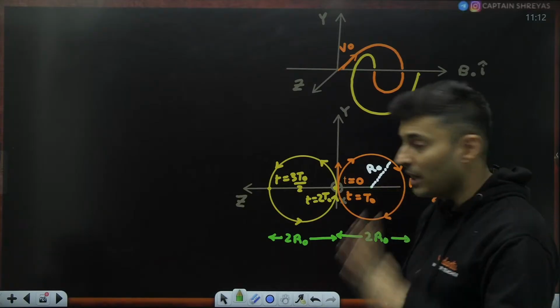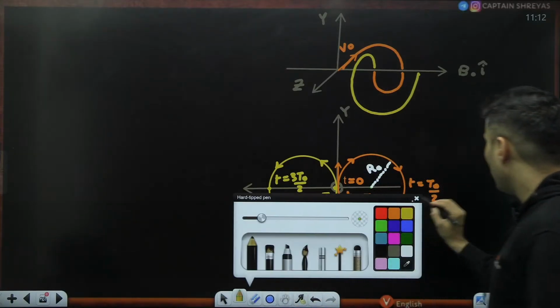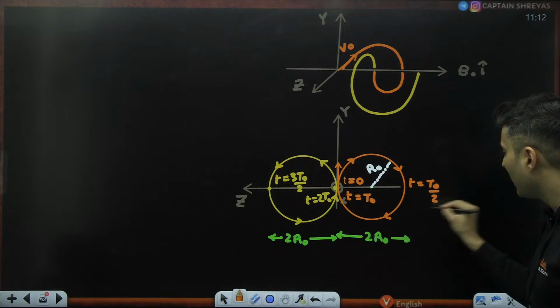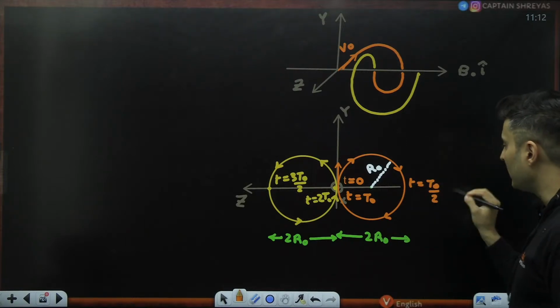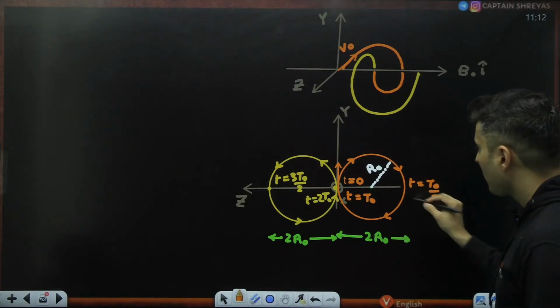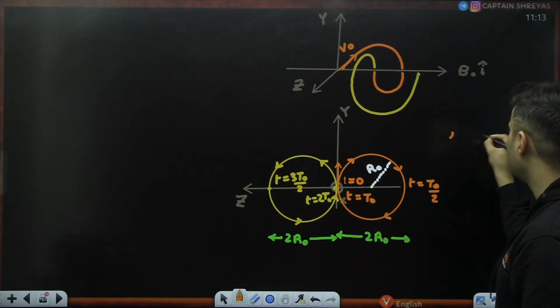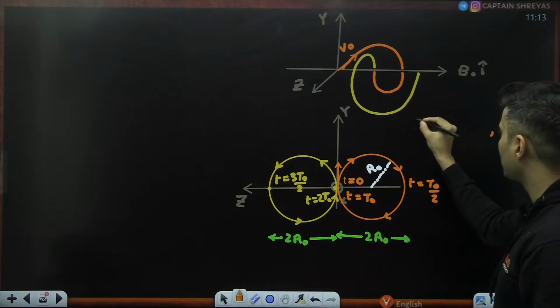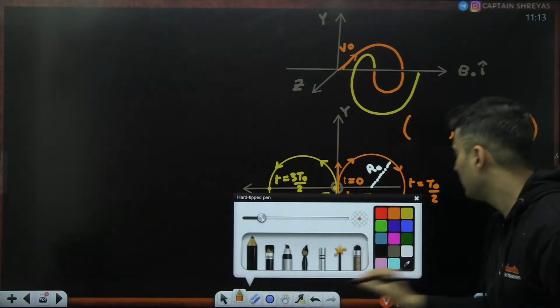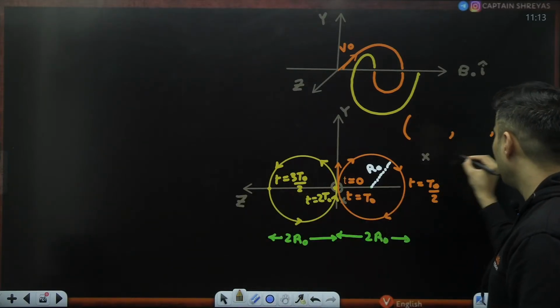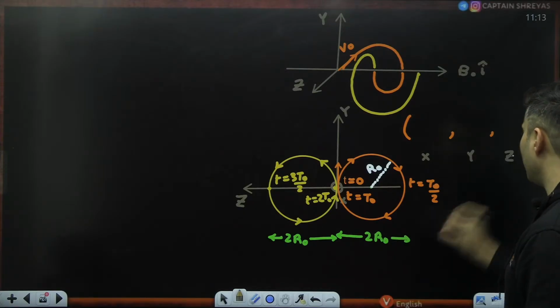Now be very careful, okay? At T0 by 2, you are here. Check what the coordinates are at T0 by 2. Check what the y coordinate is. The y coordinate is 0. There will be three coordinates: you have your x coordinate, your y coordinate, and your z coordinate.